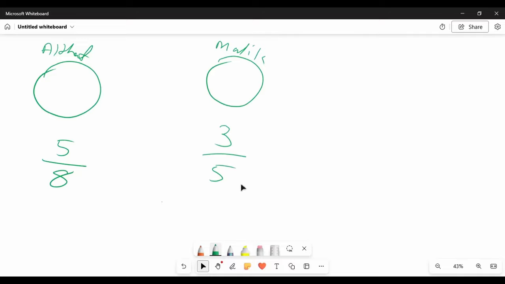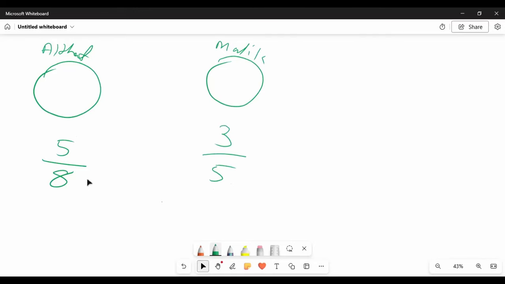Now, we can make this 8 a 5, or we can make this 5 an 8. Then we have to do something else. We have to go for a different number. Here only LCM comes to work. LCM means lowest common multiple or least common multiple. We'll learn about LCM in depth later on.